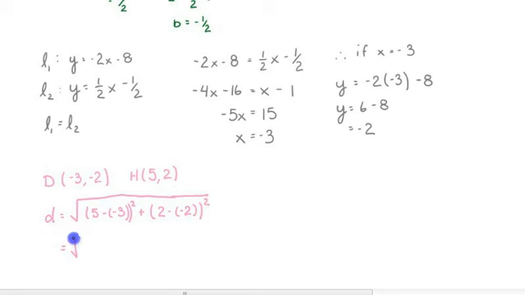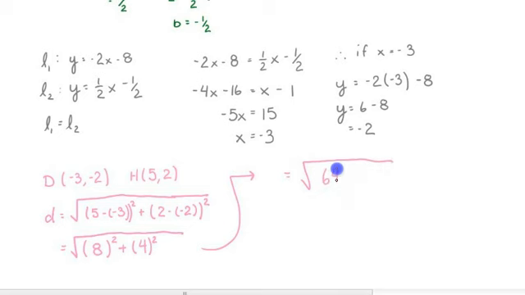So that's equal to the square root of 5 minus minus 3 is going to give me 8 squared, plus 2 minus minus 2 is going to give me 4 squared. I'm just going to come back up here. So D is equal to the square root of 64 plus 16, which is going to give me root 80.